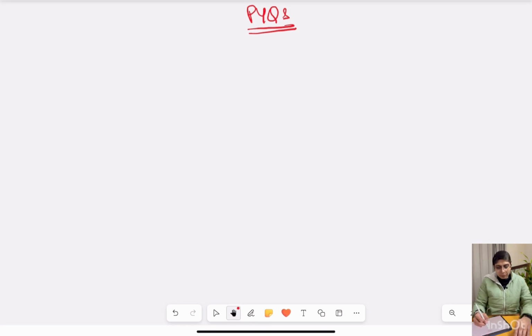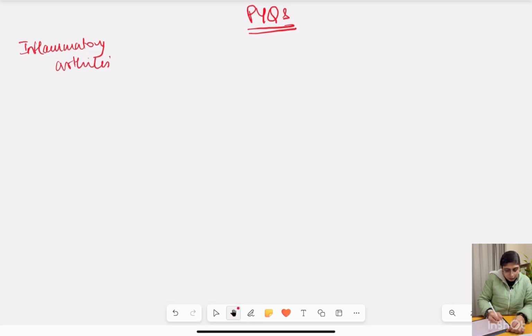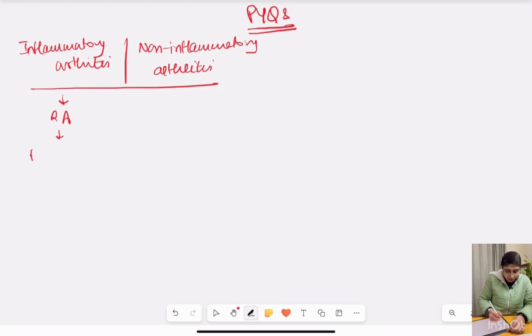Okay. So the previous year asked questions. One is inflammatory arthritis versus non-inflammatory arthritis. In inflammatory arthritis, we have RA. So we know we have morning stiffness. Then pain and swelling is there in both.